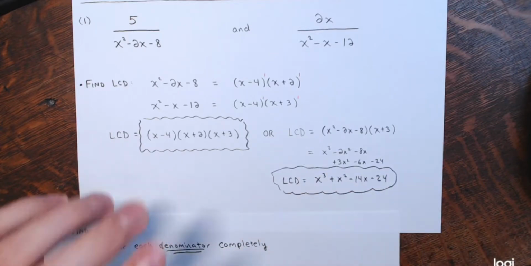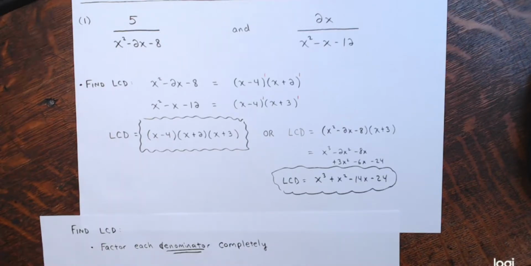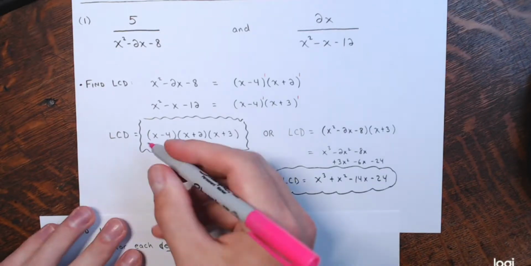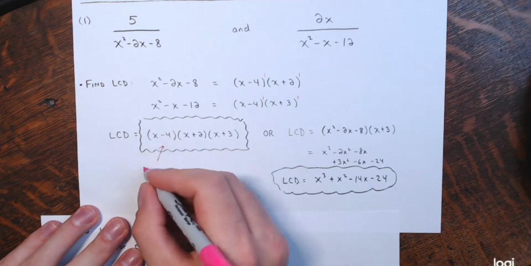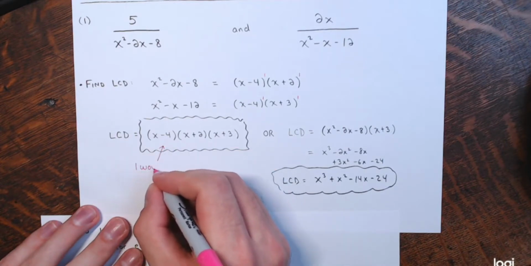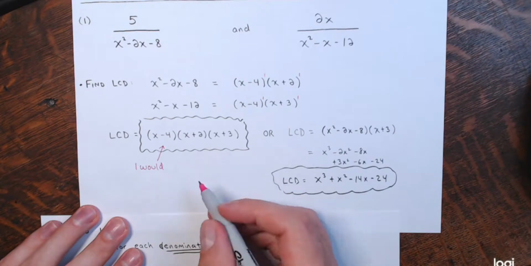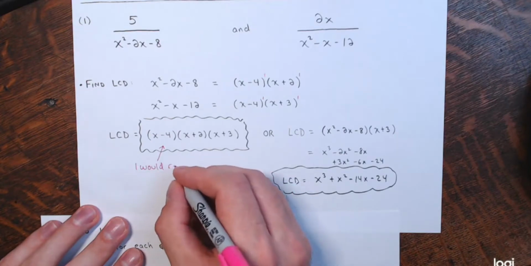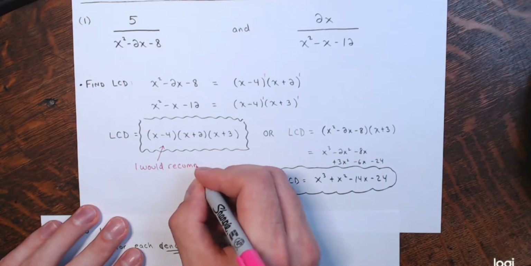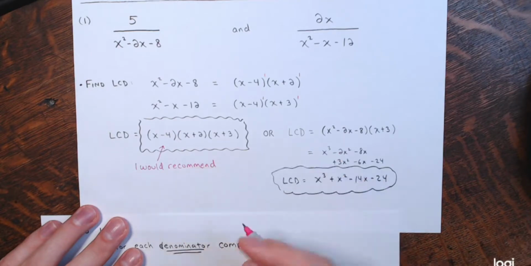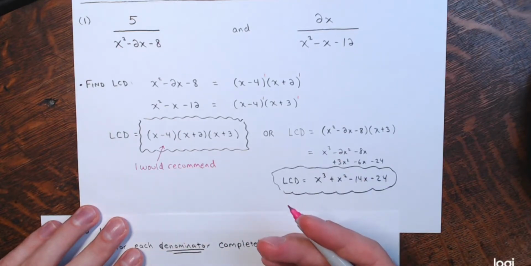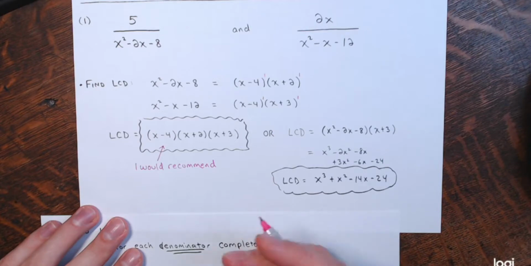But I would recommend, and I'll write that as a note, I would recommend keeping the LCD in factored form. As you're going to see in this video and also in later videos on adding and subtracting fractions, keeping the denominator in factored form is going to be very helpful and make simplifying the fraction at the end much easier.